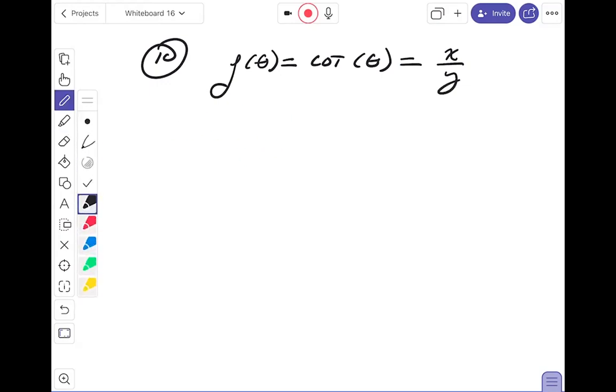So when would this be undefined? Well, let's look at it. I'm going to be careful about it. It's when the y is 0. Question is, what angles make y to be 0? Well, I'm going to start writing them down for you. At 0 degrees, at 180 degrees, and you may wonder why. Let me draw a picture for you.